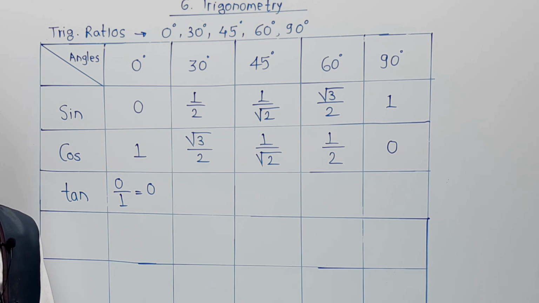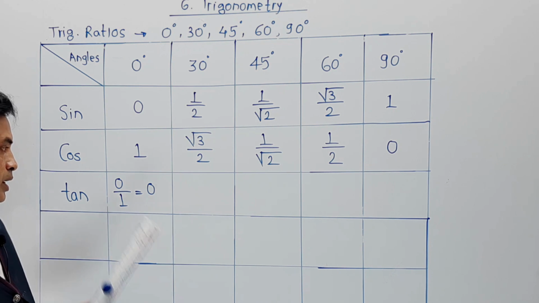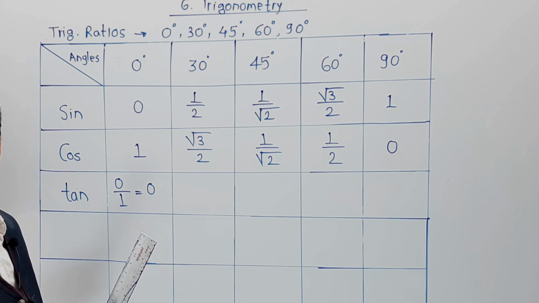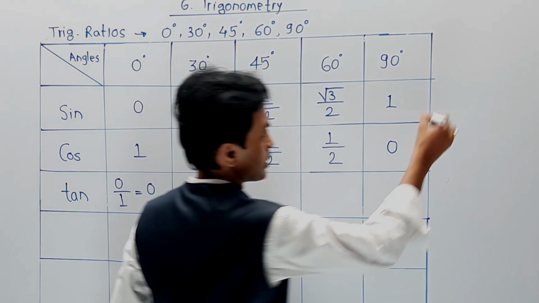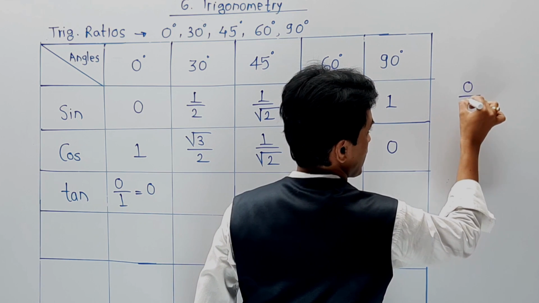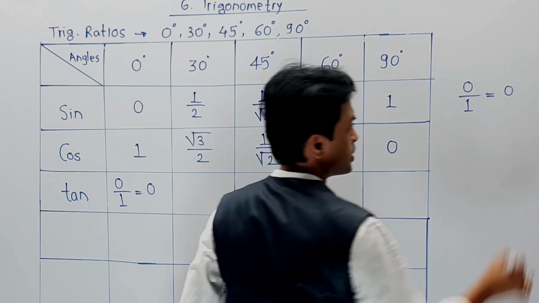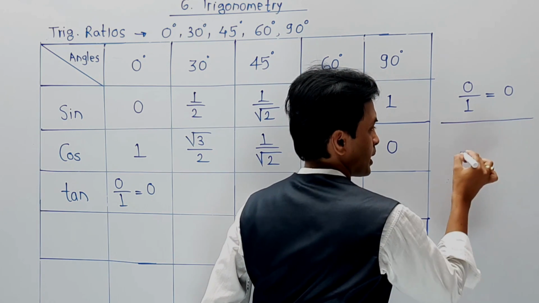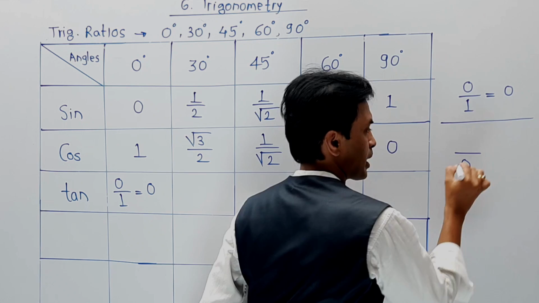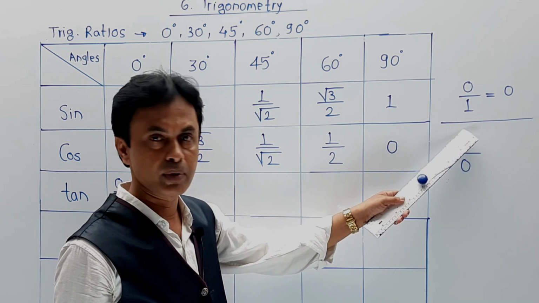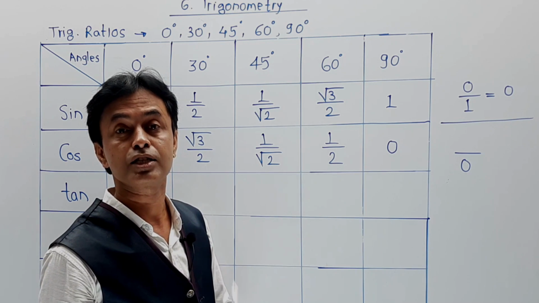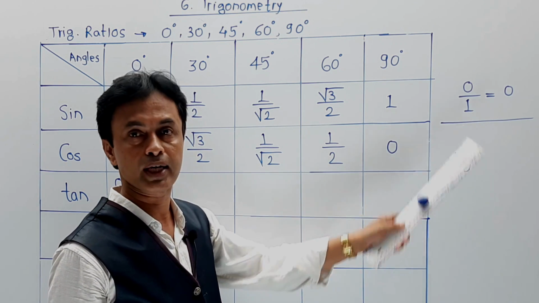Now student, please remember one logic: if 0 is divided by any number, then its answer is always 0. Vice versa, if any number is divided by 0, any number, you can take 5, 8, 10, 1, anything, that answer is not defined because you cannot divide a number by 0.